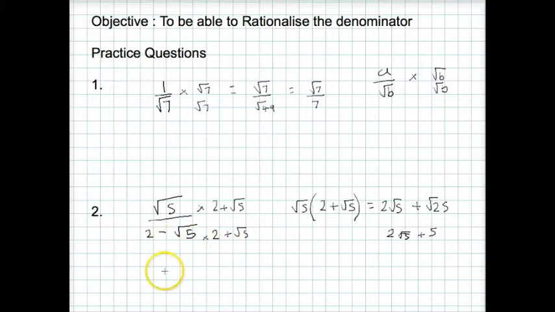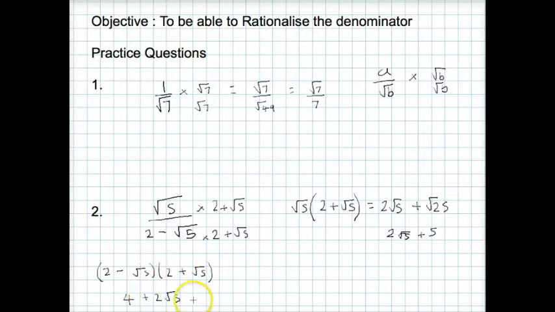On the bottom, if we do this using brackets, 2 minus root 5 times 2 plus root 5, you'll see that this simplifies a lot, and you'll get used to seeing what happens when we do this fairly quickly. 2 times 2 is 4. 2 times root 5 is going to give you plus 2 root 5.